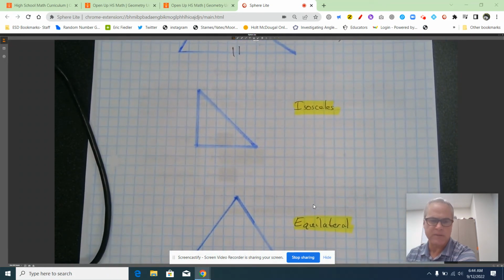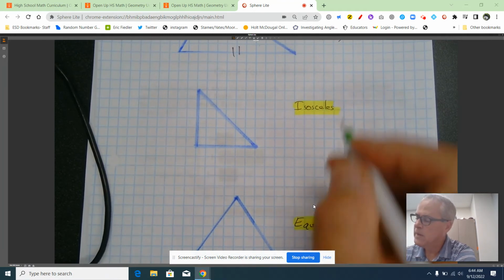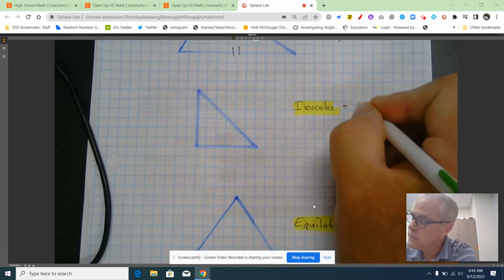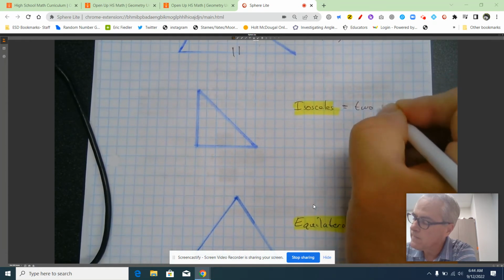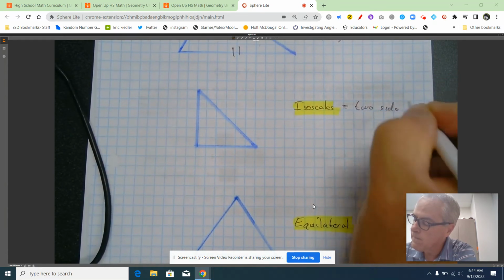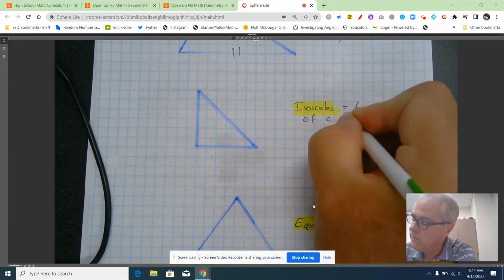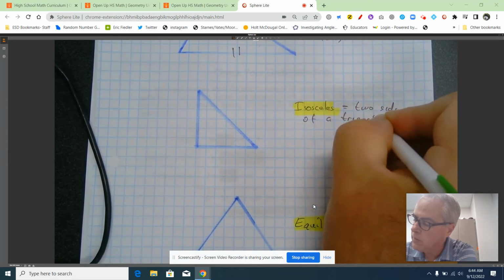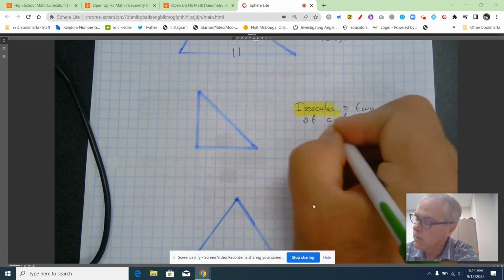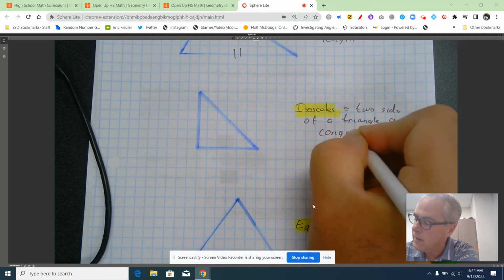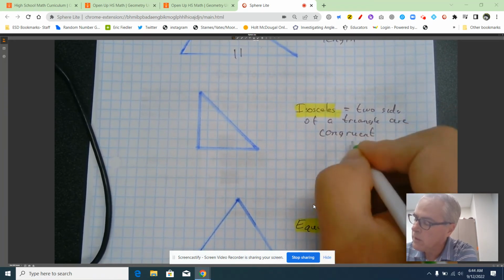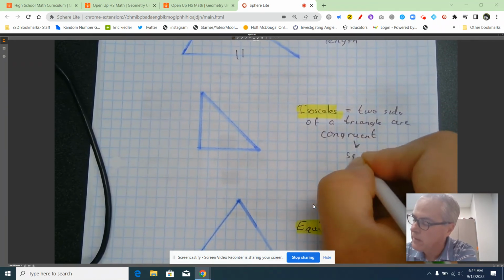Next one is called an isosceles triangle. I'd be interested to know how many students have heard of that word before. Isosceles means two sides of a triangle are congruent. And congruent, I think I said that again earlier, congruent means sides that have the same length.